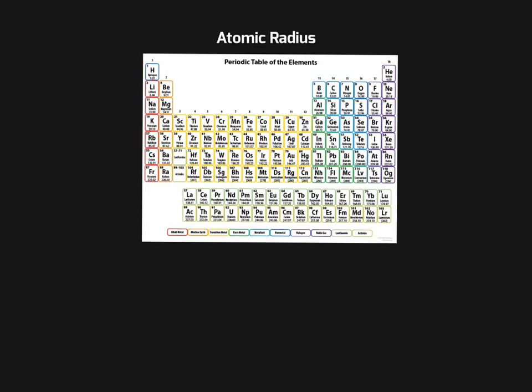All right, so the first trend that I want us to talk about is atomic radius, and really atomic radius is just referring to the size of an atom. And that's the size of an atom of a particular element.